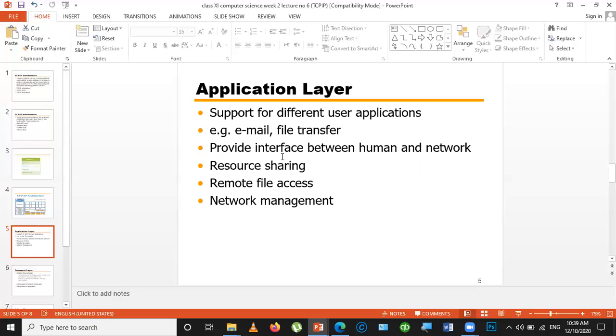We can also say that this layer provides the interface between applications and the transport layer, and it converts the data from application readable format into network readable format and gives that data to the next layer, which is called the transport layer.